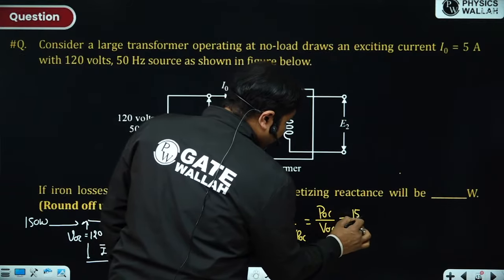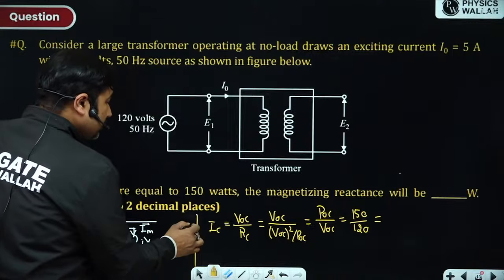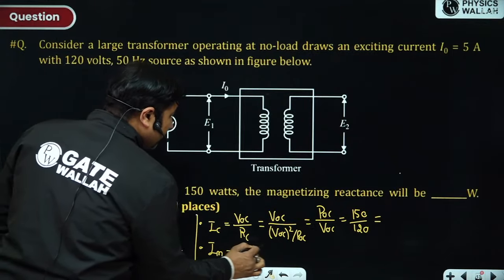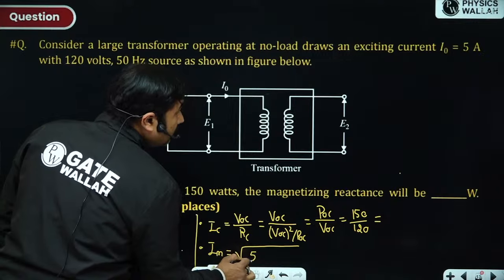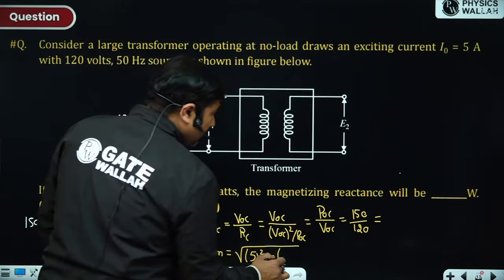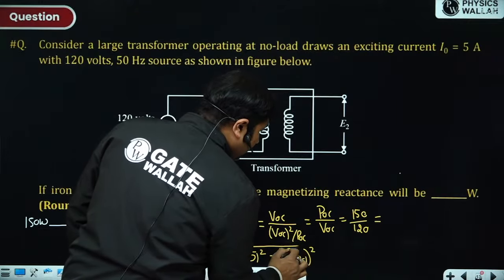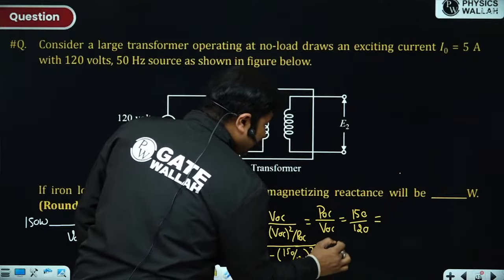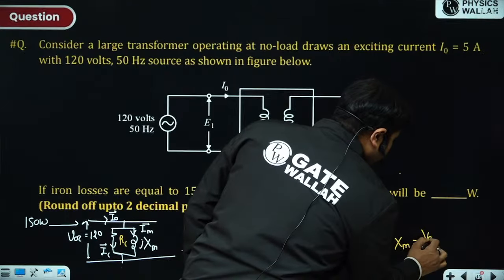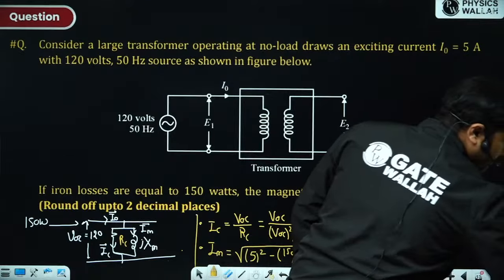So 150 by 120. Once you have IC, you can calculate IM. IM will become root over of I naught square, that is 5 ampere given in the question, minus (150 by 120) square. Once you have IM, you can calculate XM. XM will become VOC by IM. That's all we need to do.